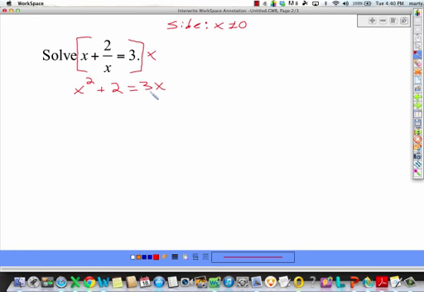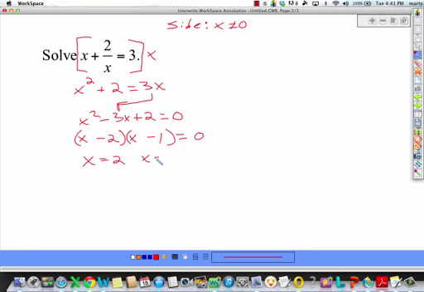I have the makings of a quadratic equation. Move this guy over. X squared minus 3x plus 2 equals 0. We can factor this fairly easily, and we get x and x, factors of positive 2 that have a sum of negative 3: minus 2, minus 1. Finish it, x equals 2 or x equals 1.